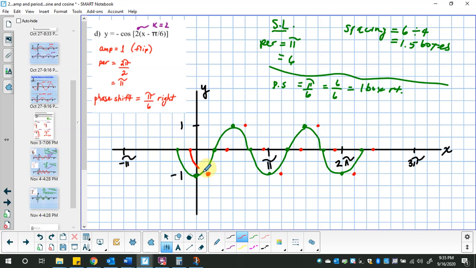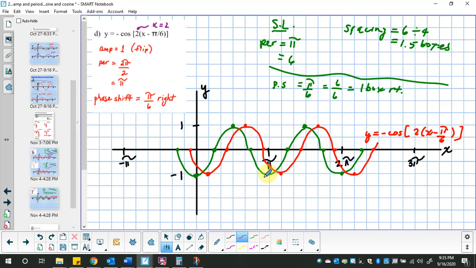Now, if you have put 2 curves on one set of axes, your job is going to be that you have to label it. So you have to come up with some inventive way of labeling it, whether it's to extend and write y equals negative cos [2x minus pi over 6].